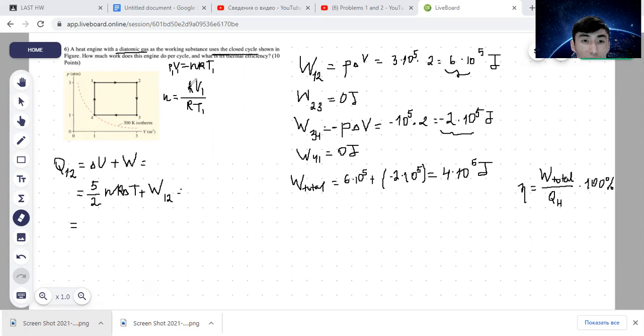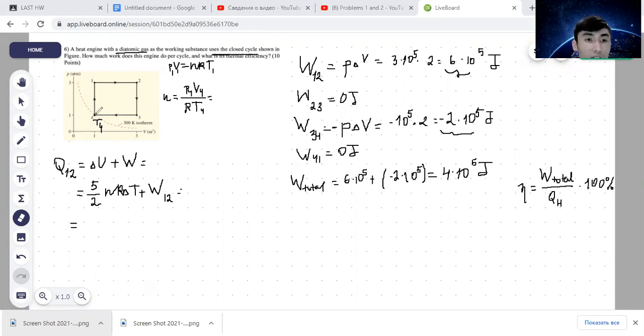So here we can't find n in this equation because T1 is not given, but T4 is given. So we can convert it for the fourth point, P4 V4 over RT4, right? So here all these values are given: P4 given, V4 given, and T4 is given.